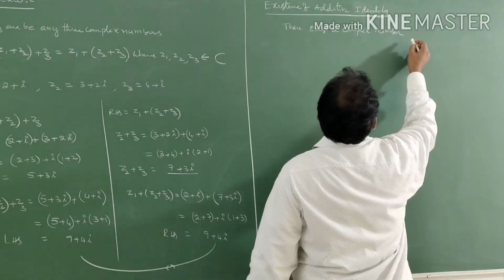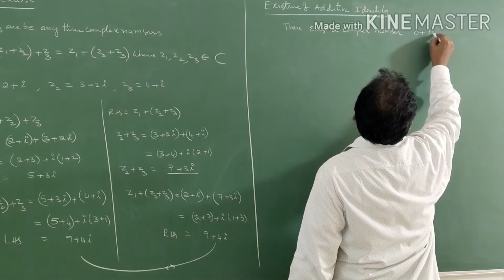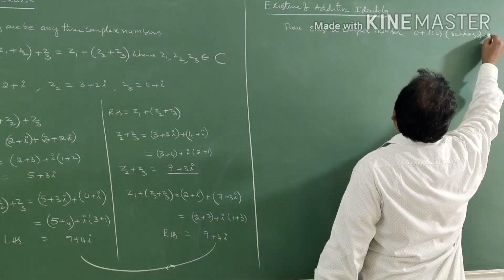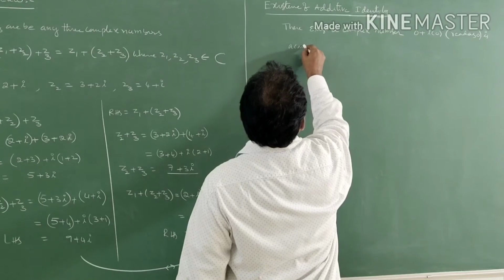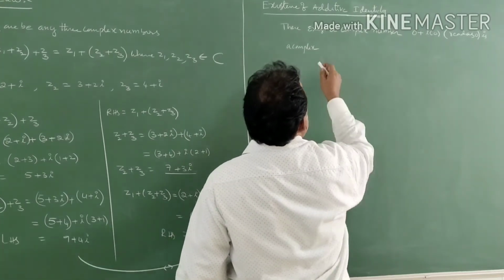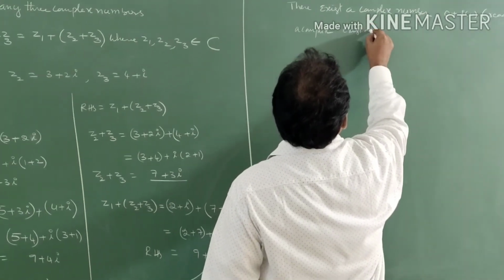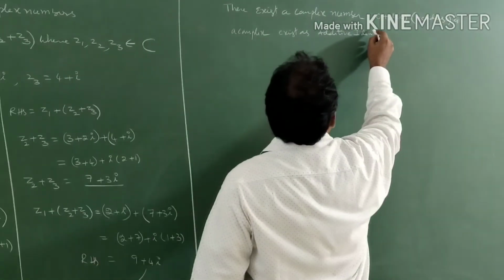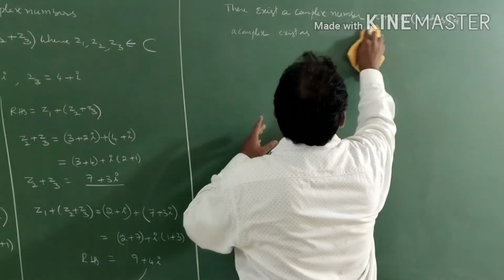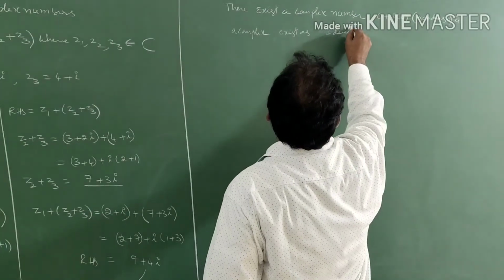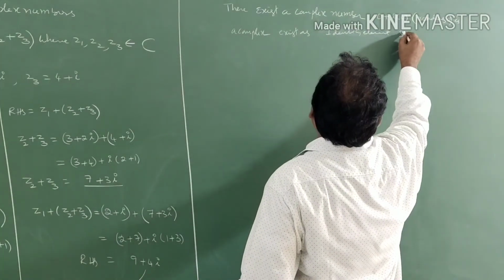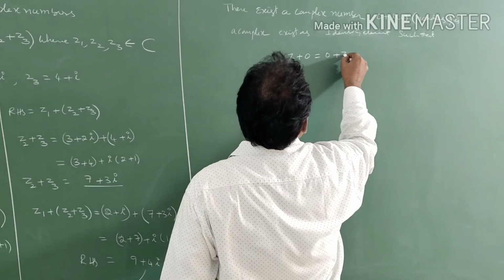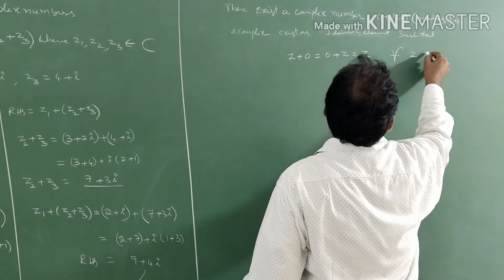There exists a complex number 0 plus i times 0, read as 0, which is a complex number, that exists as the additive identity or identity element, such that z plus 0 is equal to 0 plus z is equal to z for all z belonging to the complex numbers.